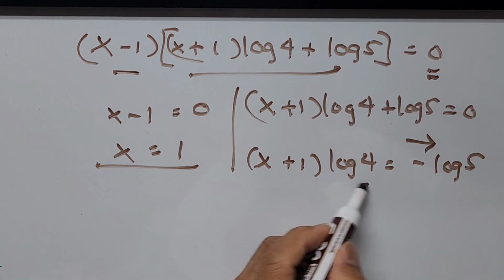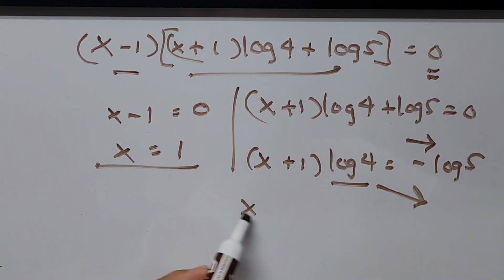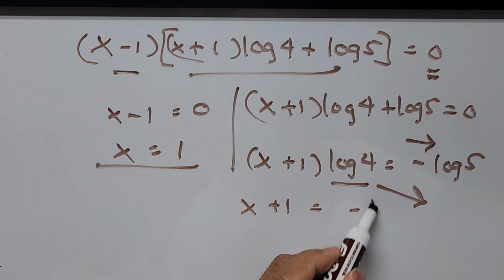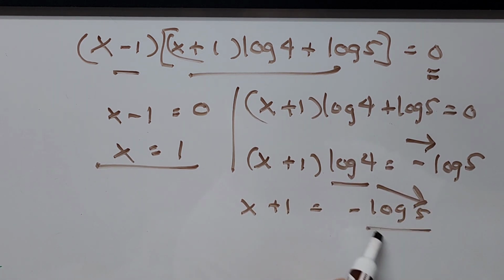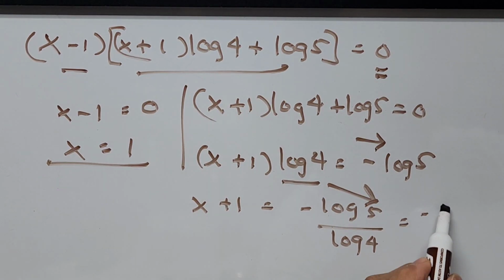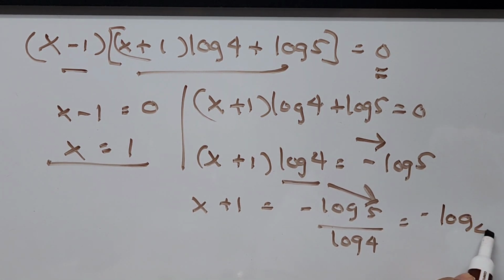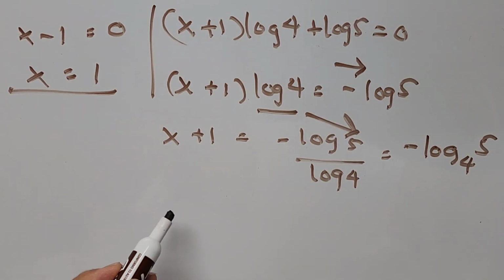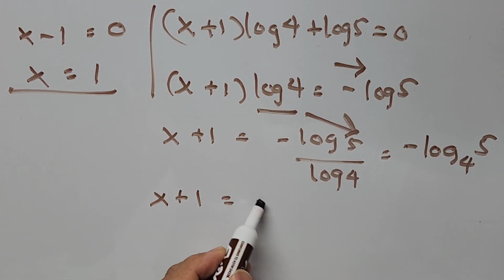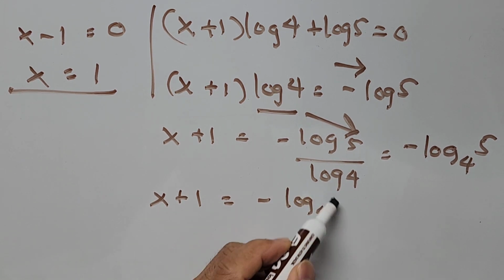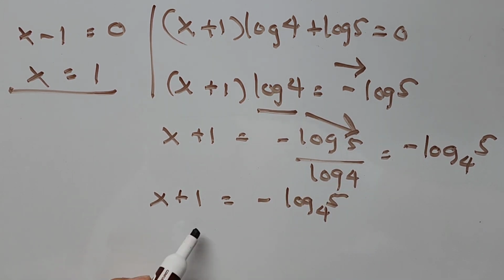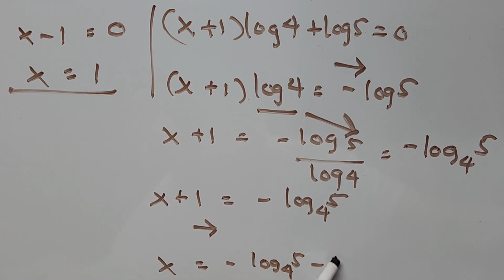Moving this part to the right, x plus 1 equals negative log 5 divided by log 4, which is the same as negative log base 4 of 5. Transposing 1, x is equal to negative log base 4 of 5 minus 1.